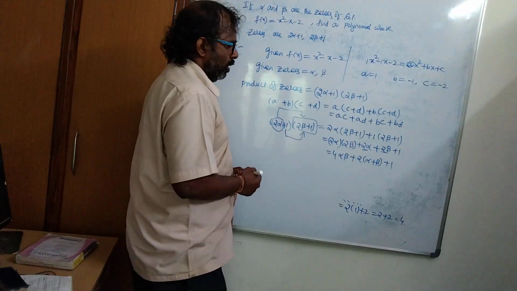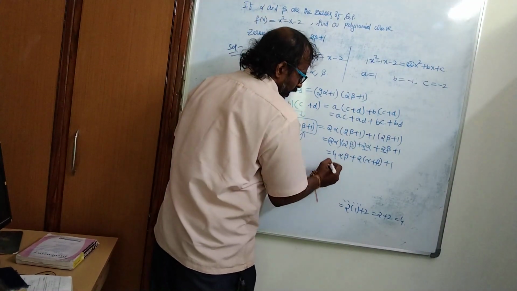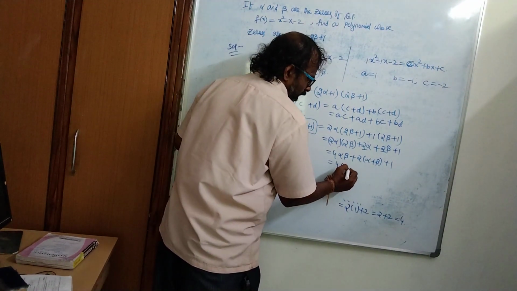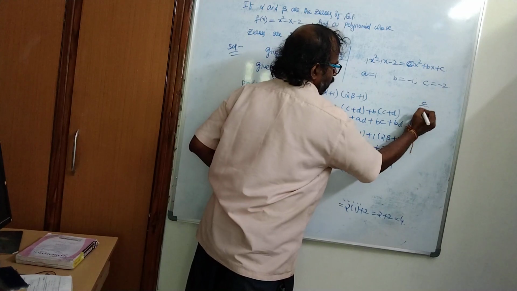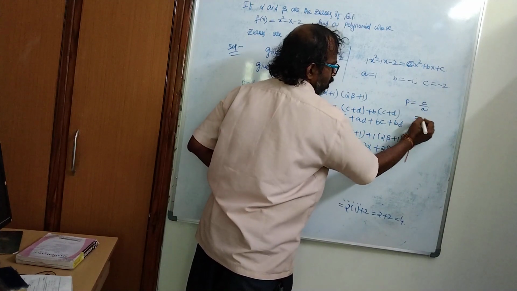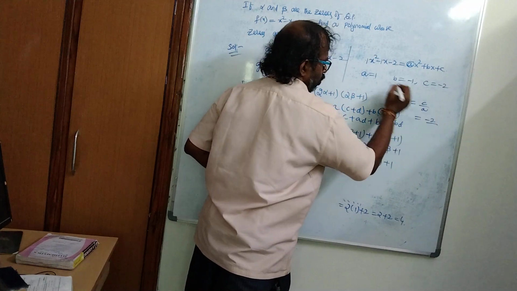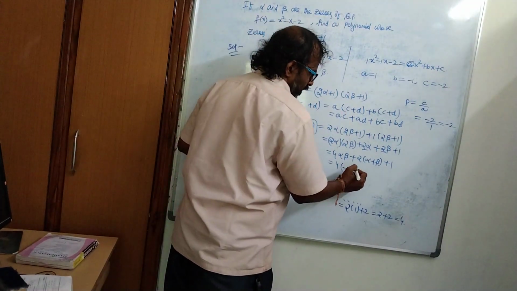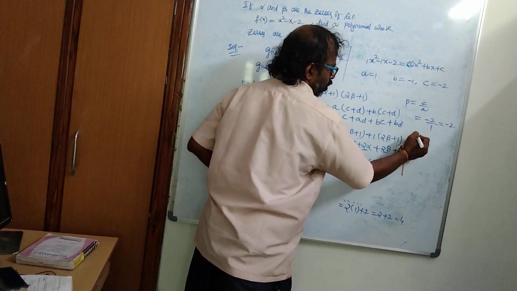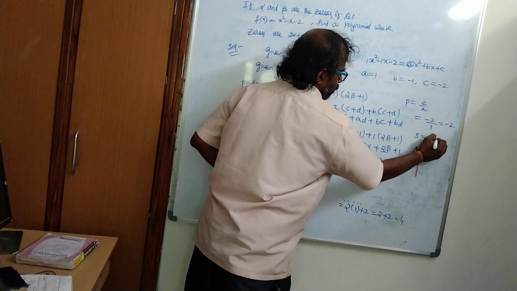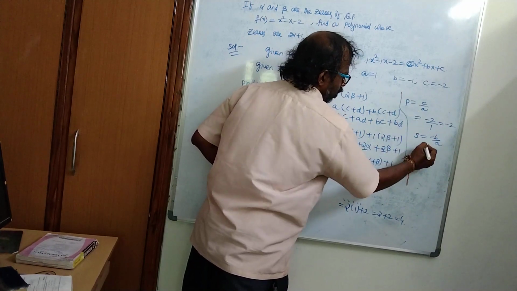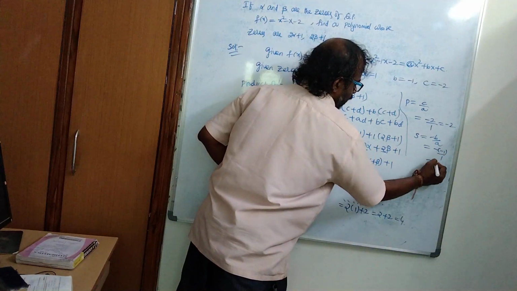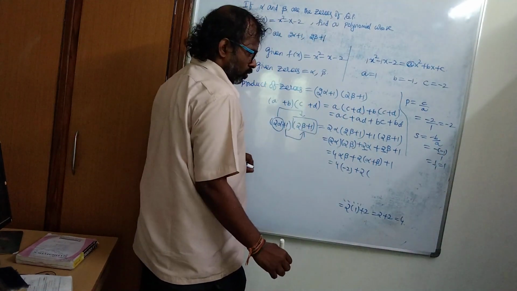So we already did the sum of zeros, minus b by a. It is 1. So 4 into the product of zeros, which is c by a. The product of zeros, c is minus 2, a is 1, so minus 2. 4 into minus 2 plus 2 into the sum of zeros, minus b by a, that is minus of minus 1 by 1, so that is equal to 1.